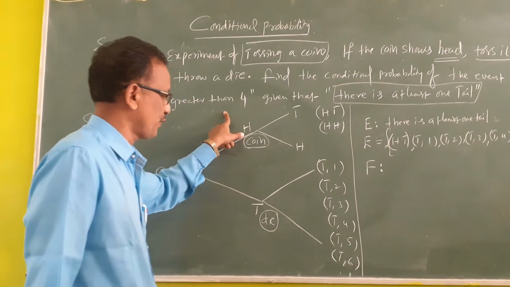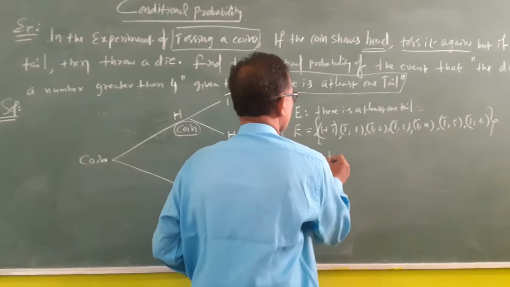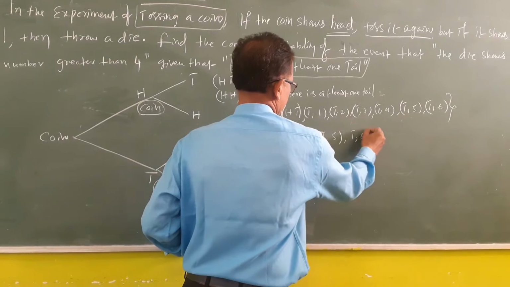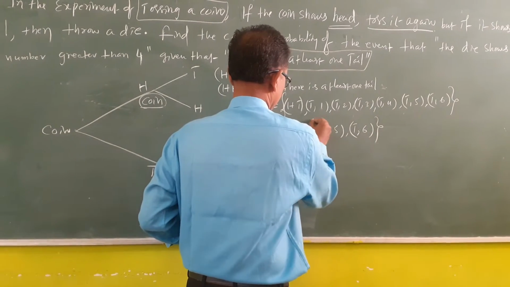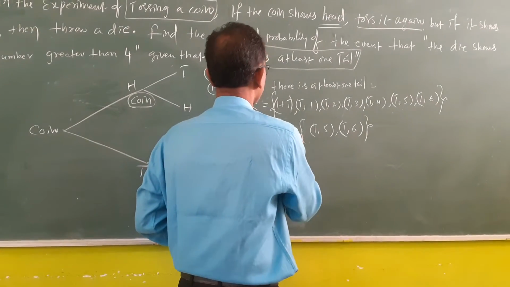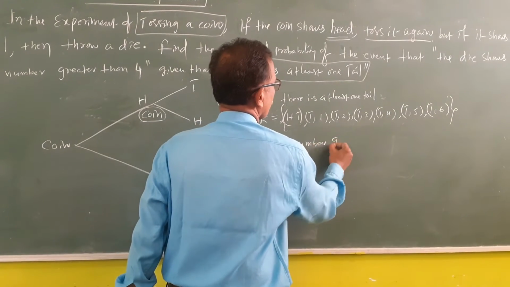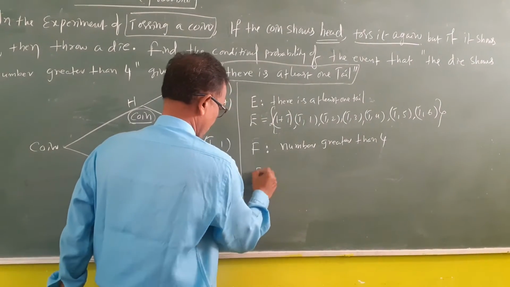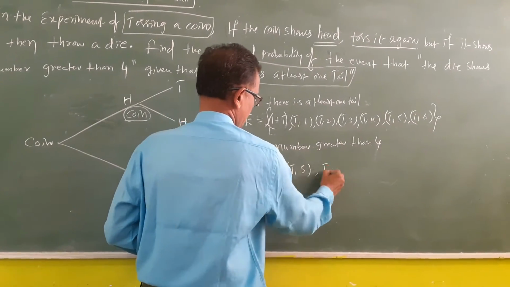The number shows greater than 4, so the favorable outcomes are T5, T6.